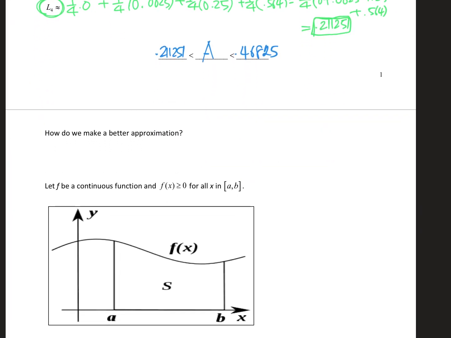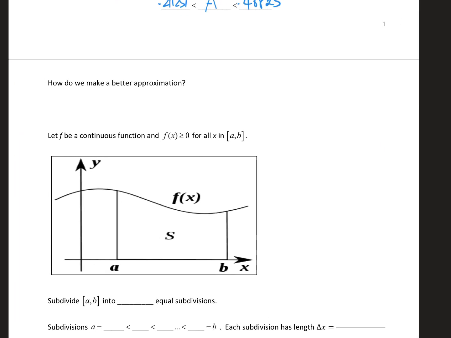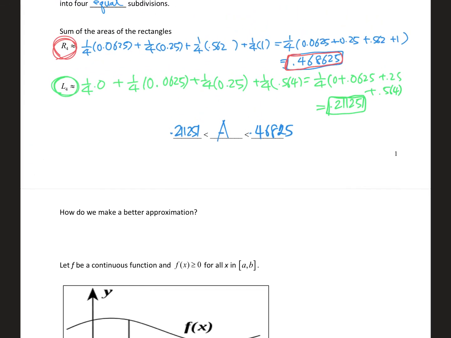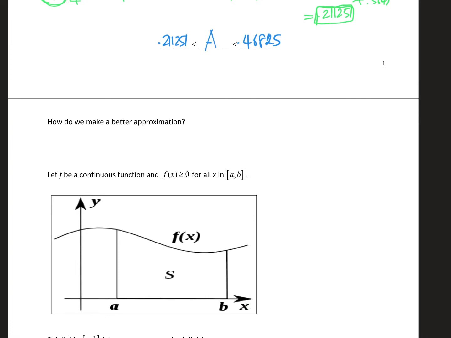The next question is how do we make a better approximation? Here we happen to use 4. Do we always have to use 4? Can we use 100, or 10, or 1,000? The answer is yes, theoretically we can. You just have to use more subdivisions.